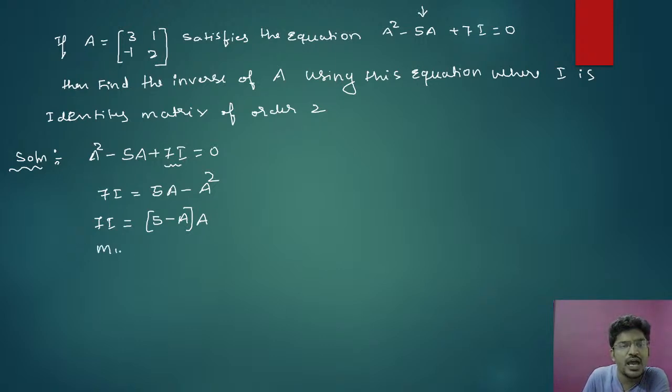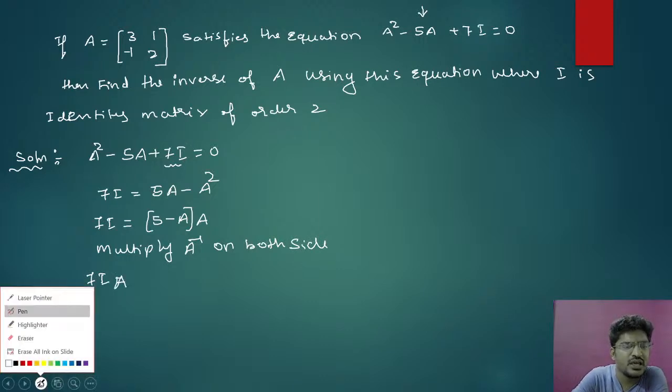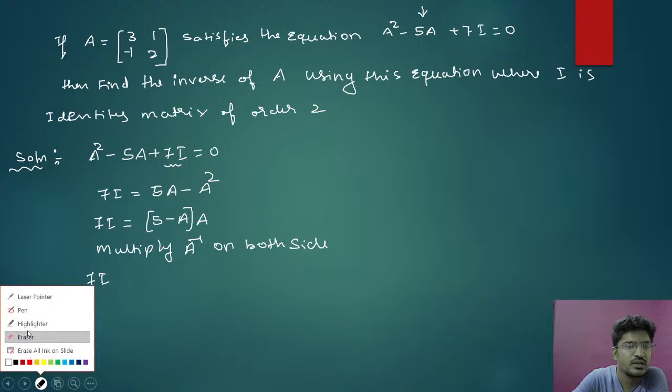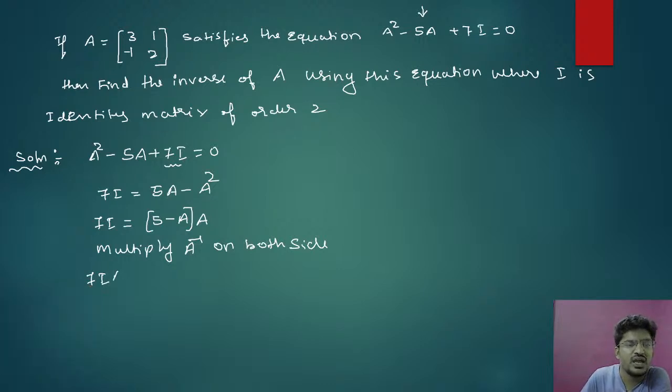Now multiply A inverse on both sides. That will be 7I into A inverse equal to 5 minus A, here you have A into A inverse.